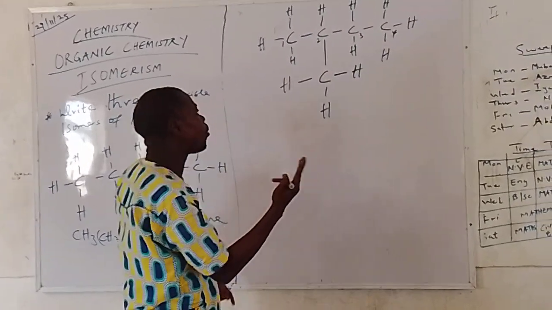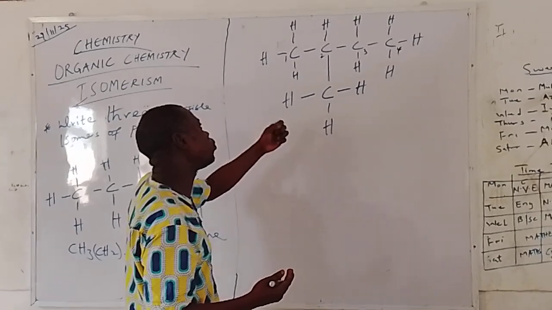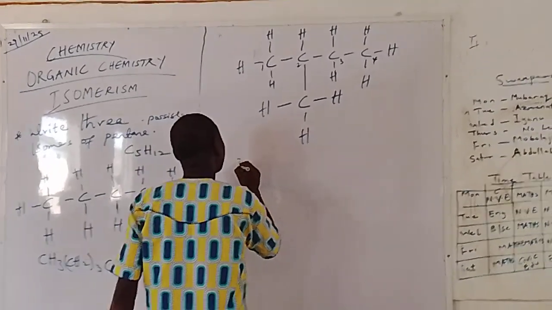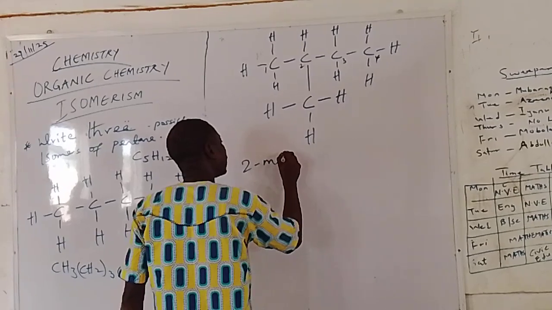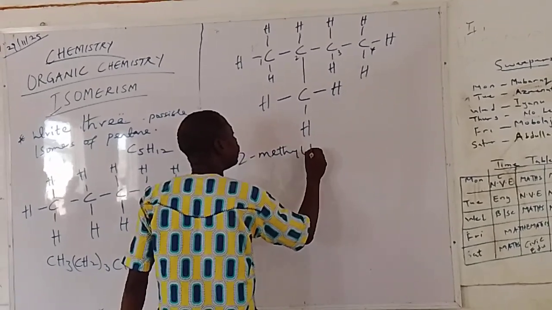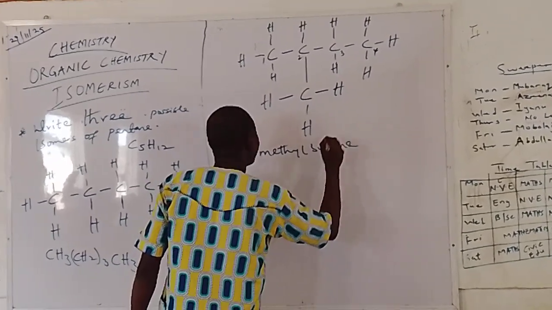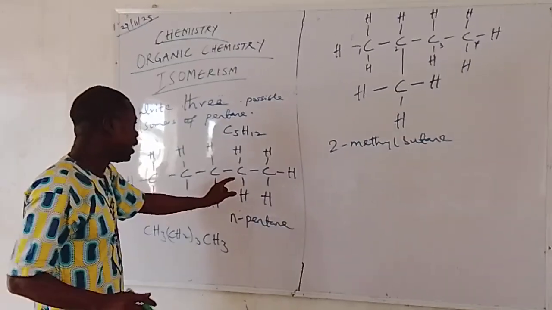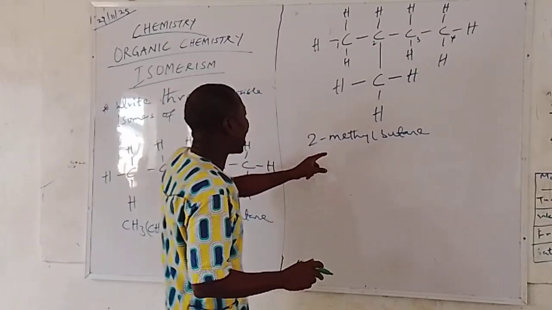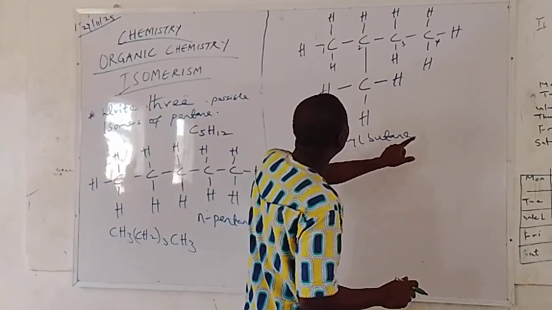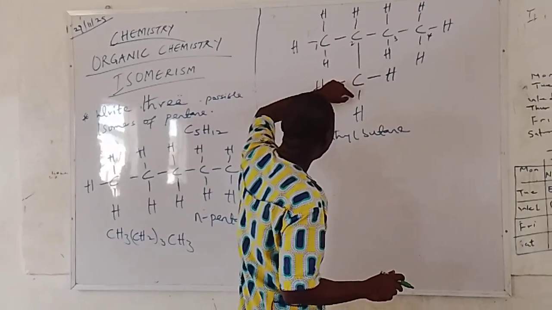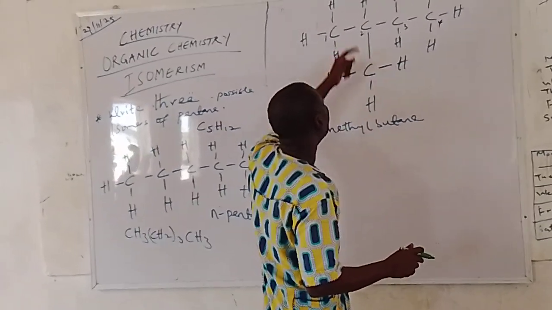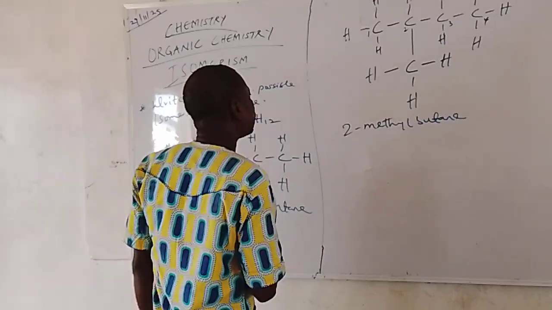When I have 4 carbon atoms, that is butane. So the name of the compound is 2-methylbutane. The original pentane is there, and one of the isomers I now have is 2-methylbutane because carbon 2 is carrying a methyl. So that is one of the isomers.